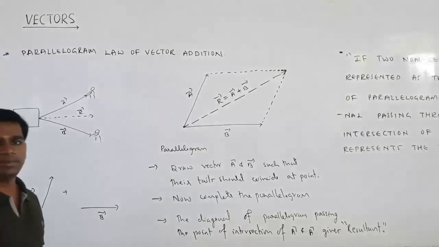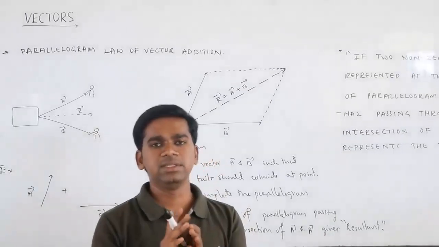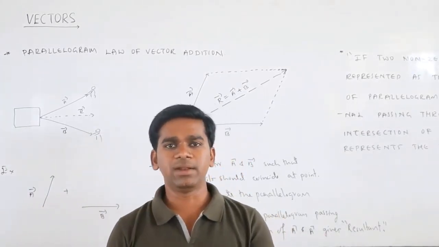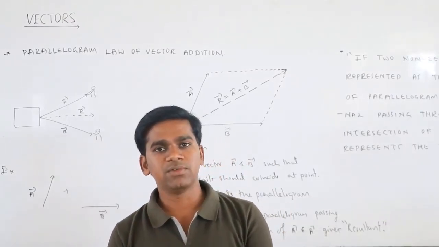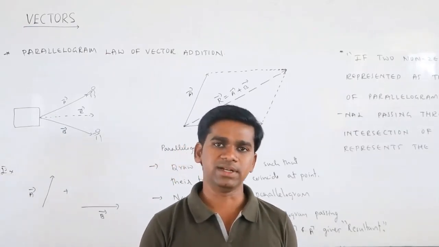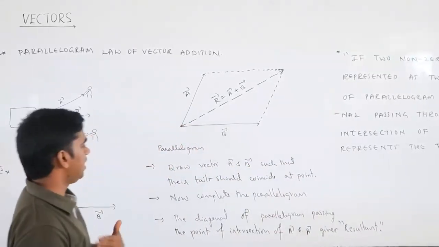So what is the statement? If any two non-zero vectors are represented as the two adjacent sides of a parallelogram, then the diagonal passing through the point of intersection of those two vectors will give you what? Will give you the resultant. So this is the statement. Okay. So you have to write the statement.